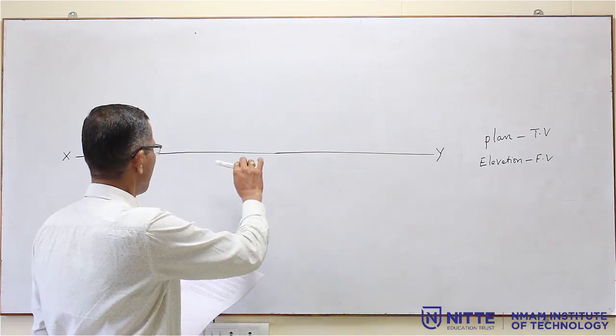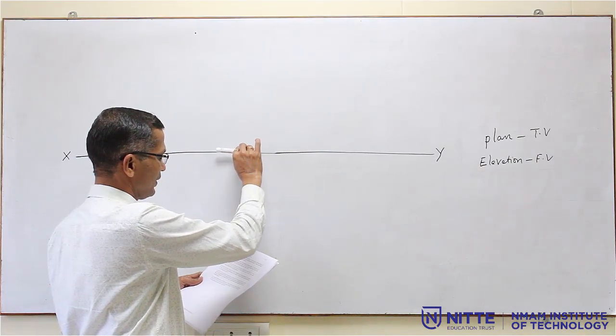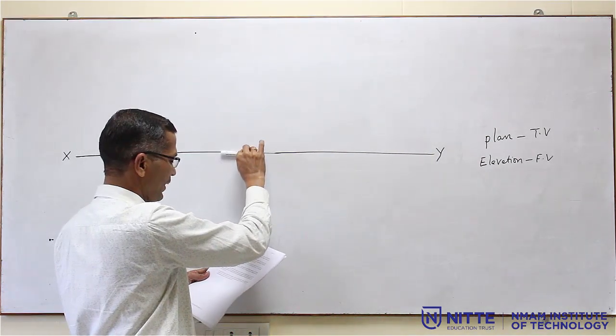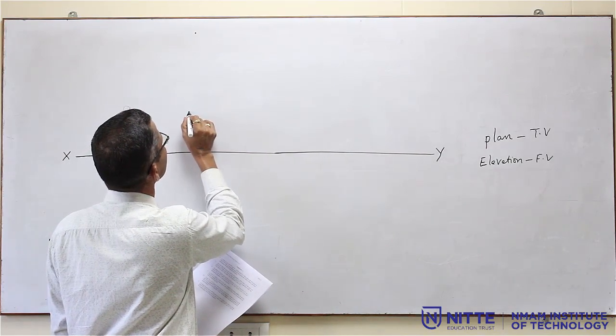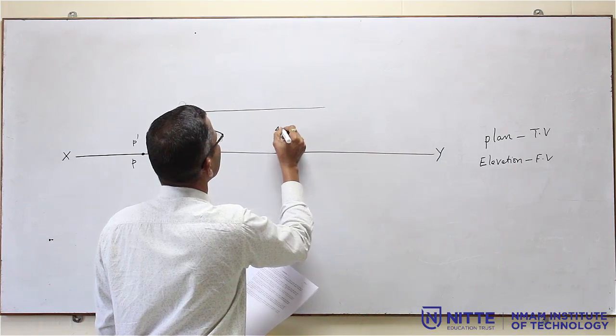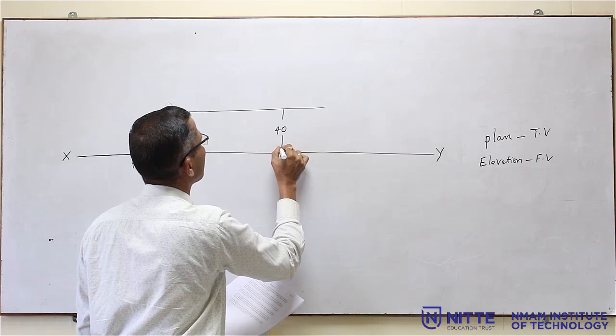I will mark the distance, how much above HP. It is first quadrant, so this is VP, this is HP. So, 40 mm above HP. I will draw a light line like this and mark that distance. So, this distance is 40 mm.